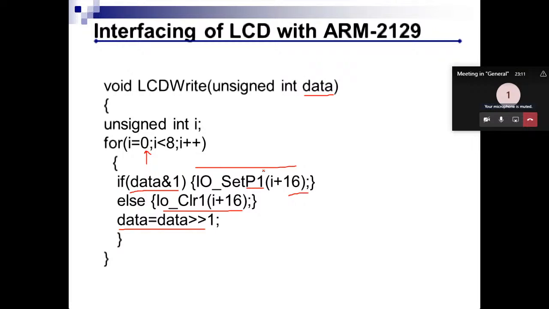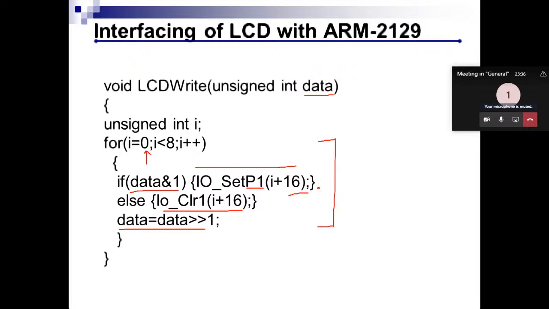If it is 1, then I will set P1.17 equal to 1, and if it is 0, then I will set P1.17 equal to 0, and so on for all 8 bits. So this entire for loop is for all 8 bits of the data which we want to write to the LCD.